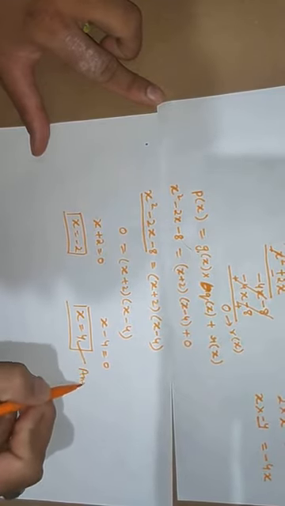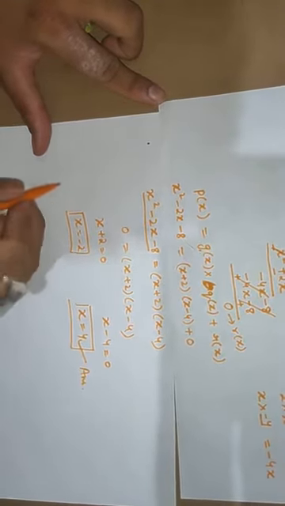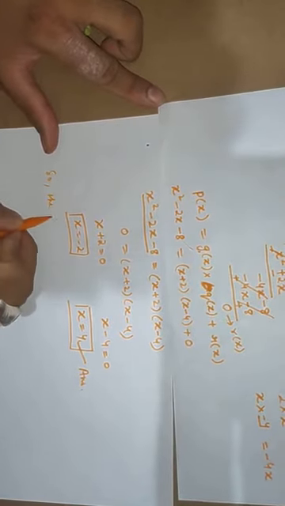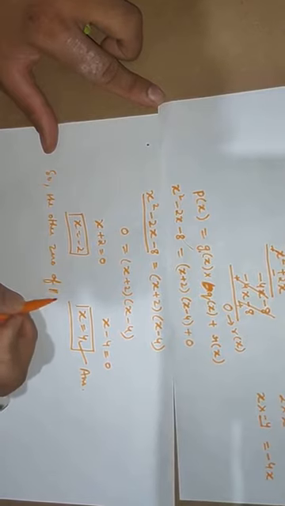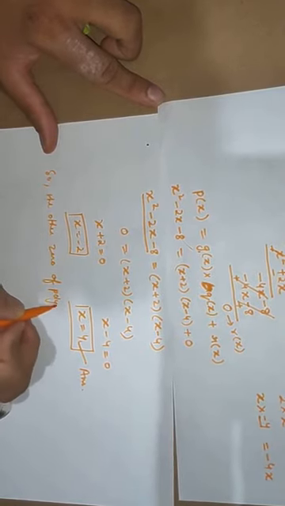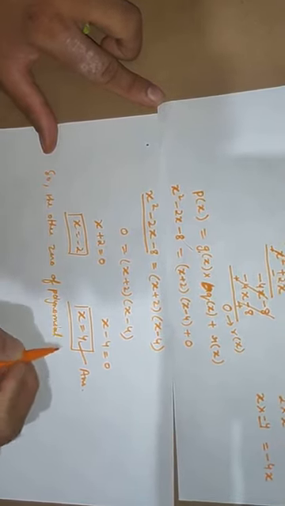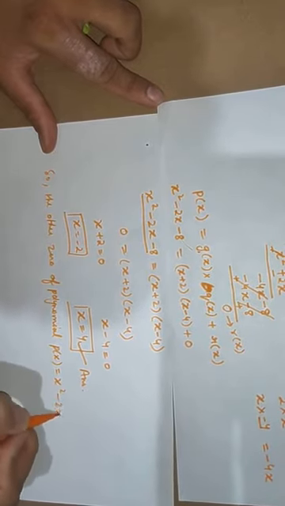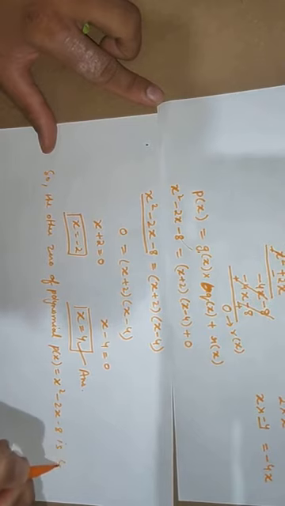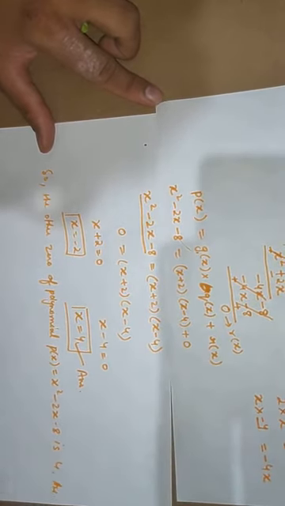So the other zero of the polynomial p(x) equals x square minus 2x minus 8 is 4. This is my answer.